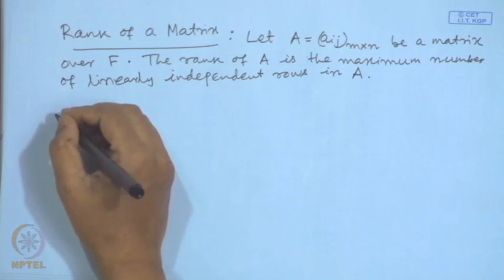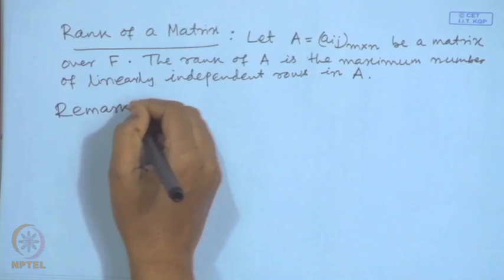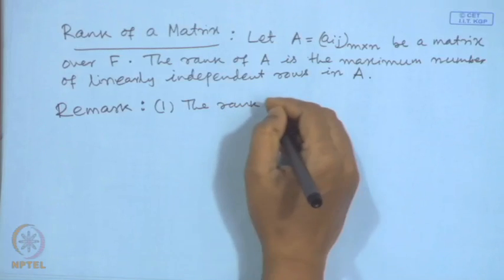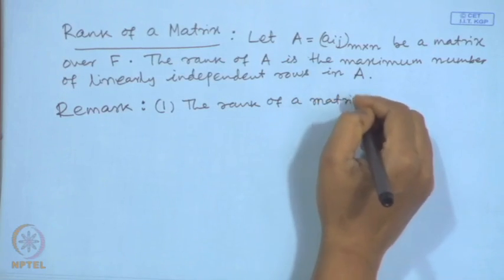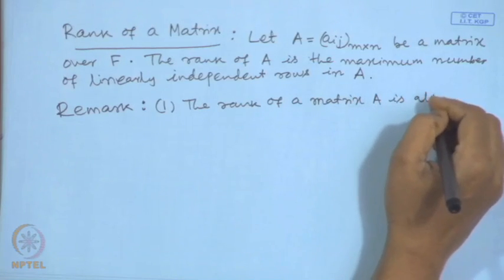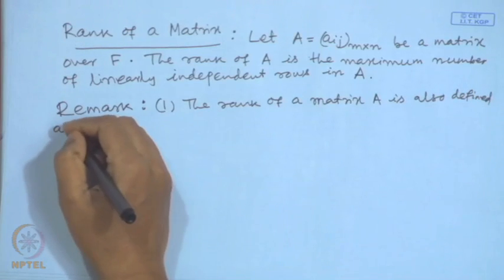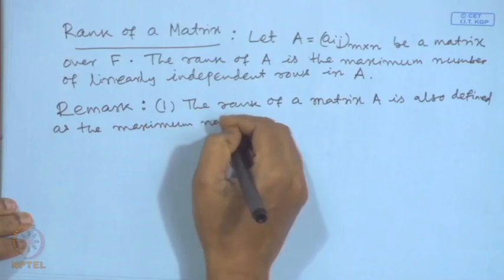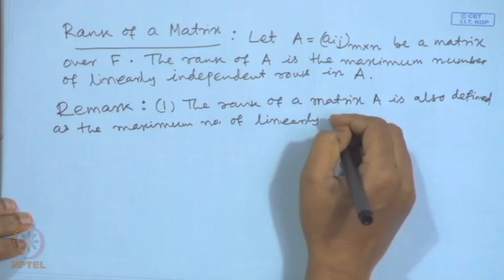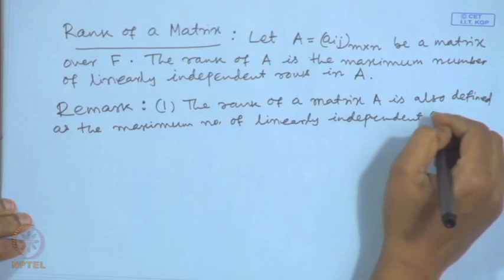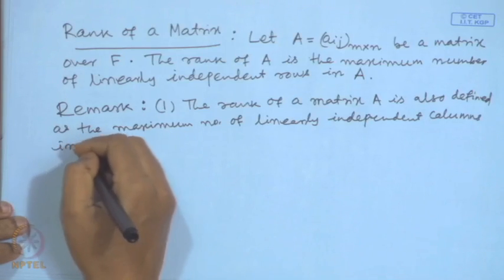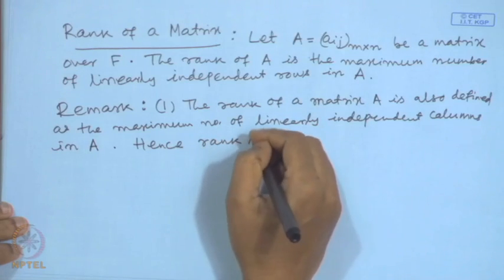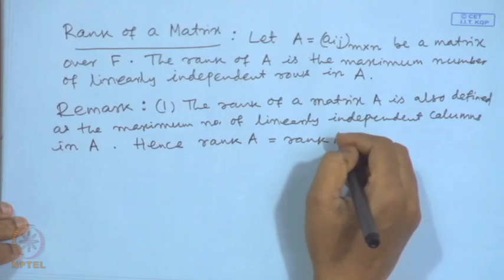So, all those properties we can write as a remark: the rank of a matrix A is also defined as the maximum number of linearly independent columns in A. Hence, rank of A is equal to rank of its transpose.